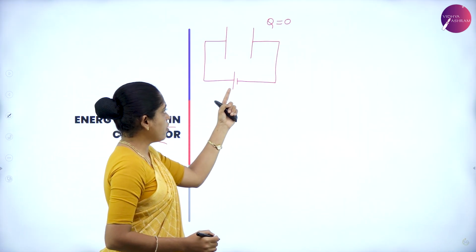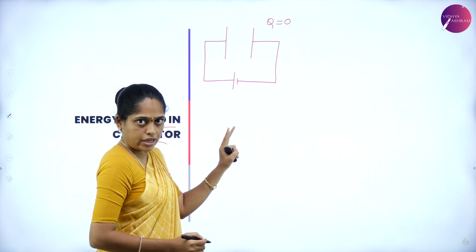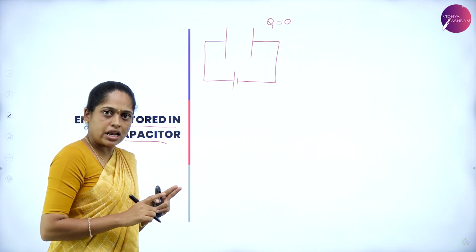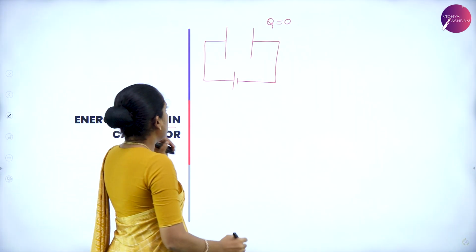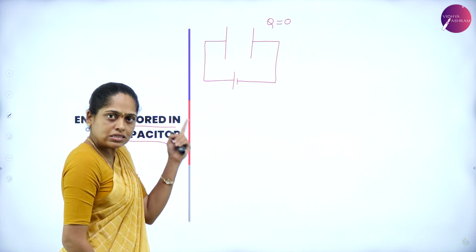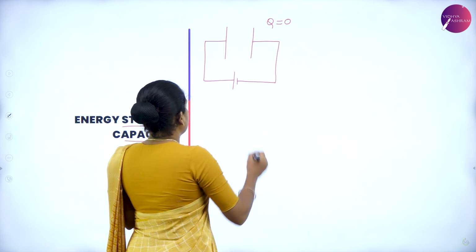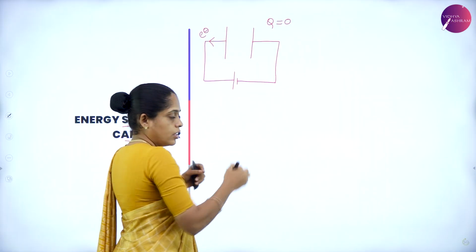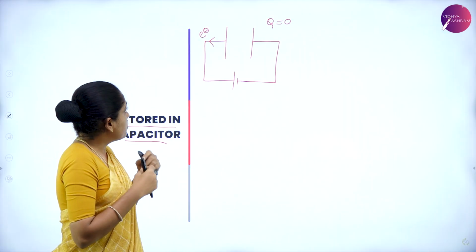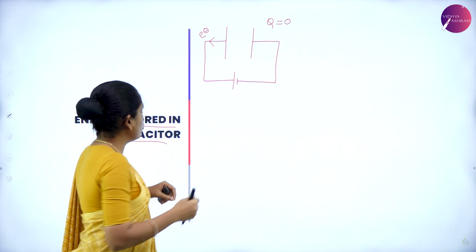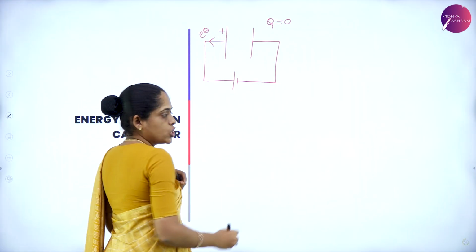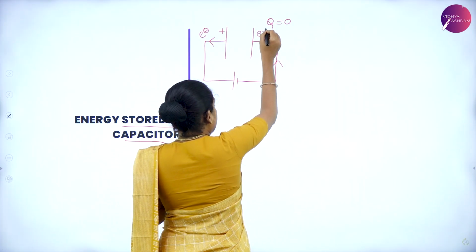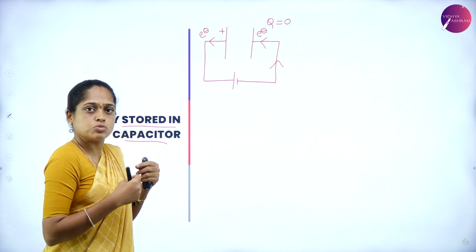In the battery, we have two lines with different lengths, but the capacitor is represented by two parallel lines of the same length. When the battery is connected to the uncharged capacitor, this battery pulls electrons from one plate. The plate from which the electrons are removed becomes positively charged, and these electrons are pushed to the second plate where the electron number is more.